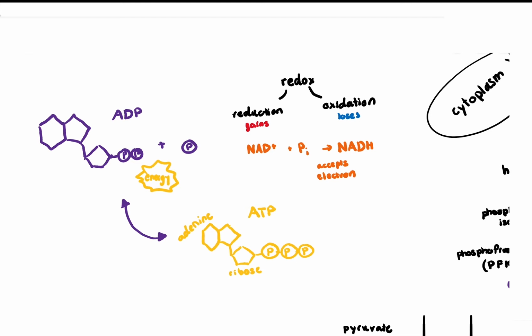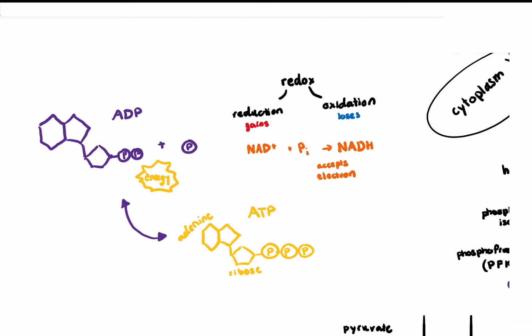Now, two other very important molecules are ATP and ADP. Now, ATP is the cell's energy carrier, and carries energy for the cell for different reactions, and that energy is stored in these phosphate bonds.